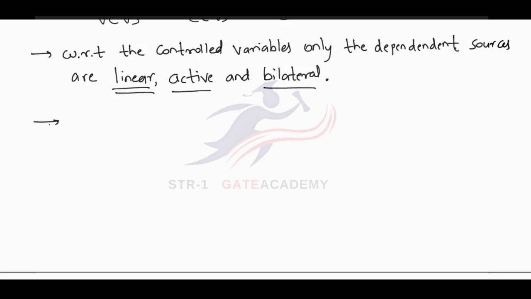Then the second very important point is that the controlled sources are not actually sources unless and until there is an independent source in the network.